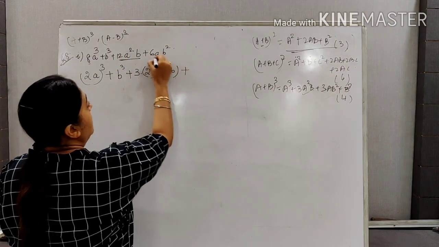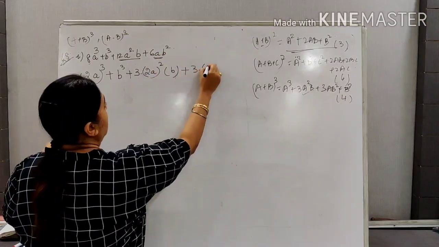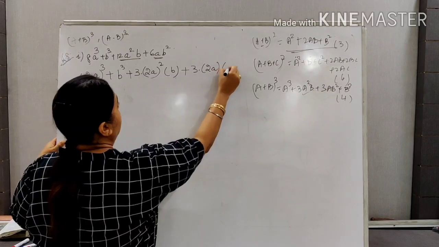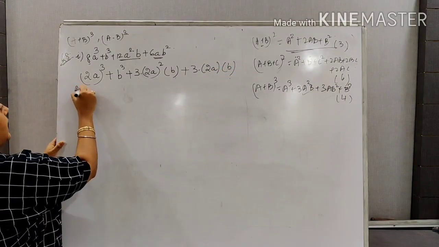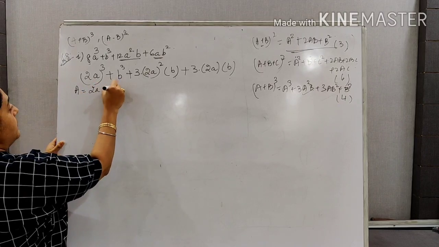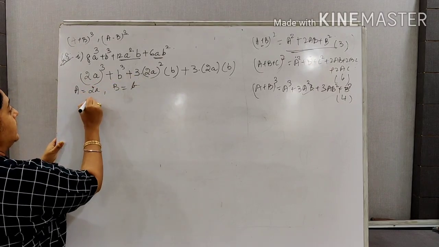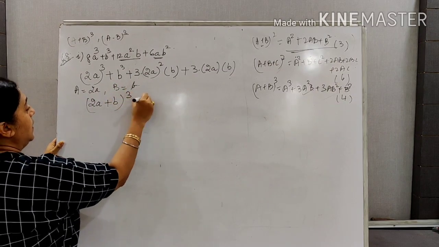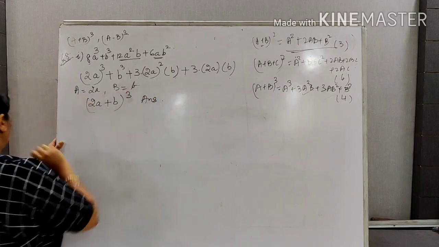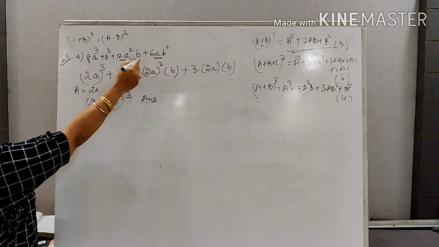Similarly, 6ab square is 3 of the formula, 2a into b, right? So now my a is 2a and my b is small b. So what do you get? You will get 2a plus b whole cube. This is the answer. This is the factorization of 8a cube plus b cube and so on.